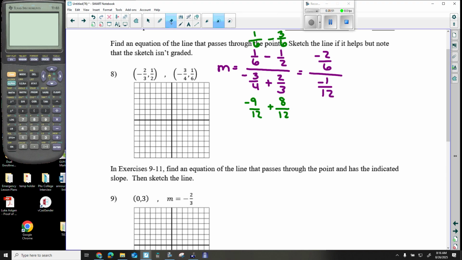All right, so far so good. And then when I divide, I multiply. So this is going to be 12 over 1. And negatives obviously drop. So this is going to be 24 over 6, or i.e. 4.